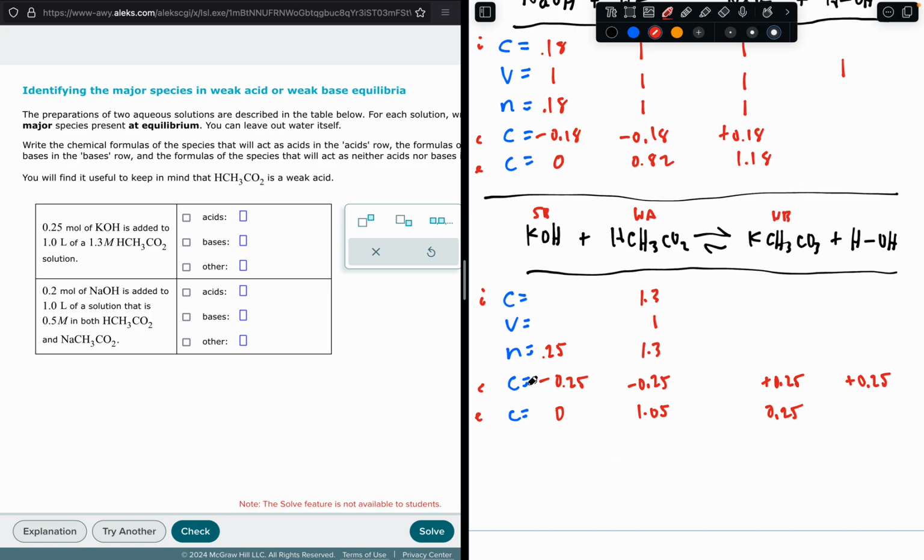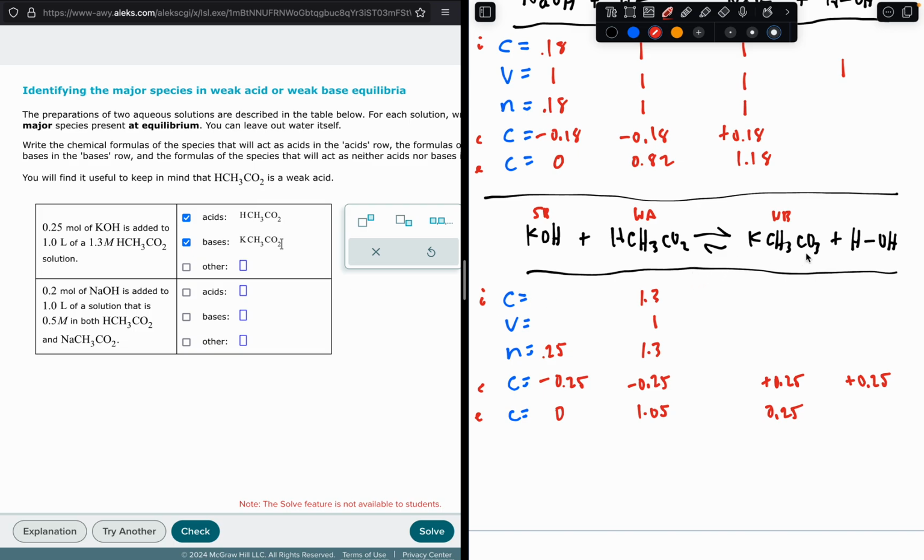Up here, I've got an acid, HCH3CO2. I've got a base, which is KCH3CO2. And if I get this wrong, it's going to be a formalism, all right?